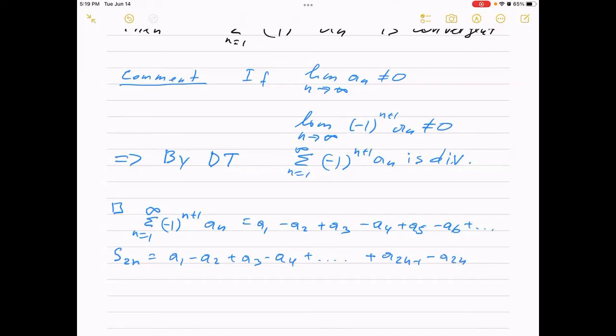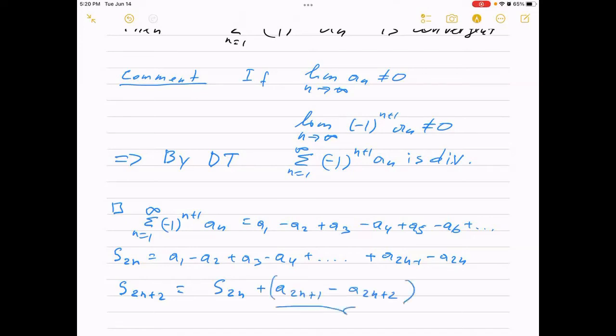If you look at two consecutive even partial sums, the next consecutive even partial sum is the previous one, and we have to add two terms to it. The two terms are the next term, a_(2n+1) with plus, and a_(2n+2) with minus.